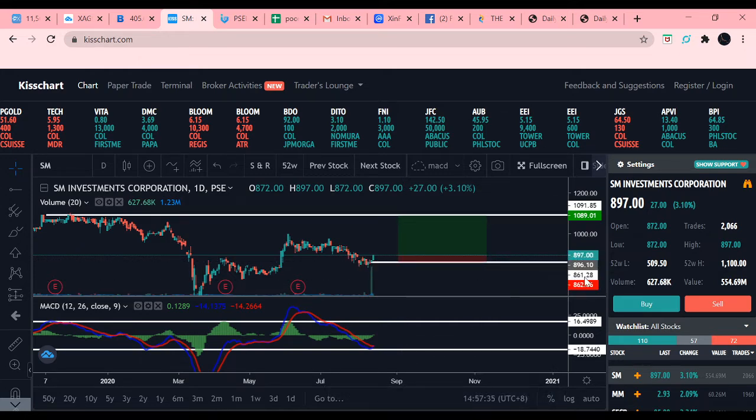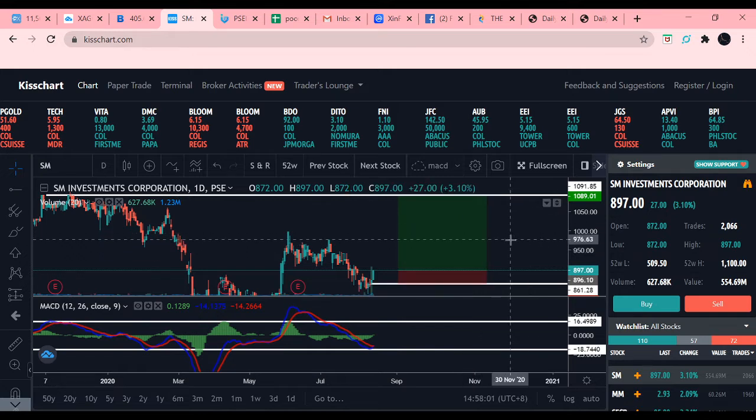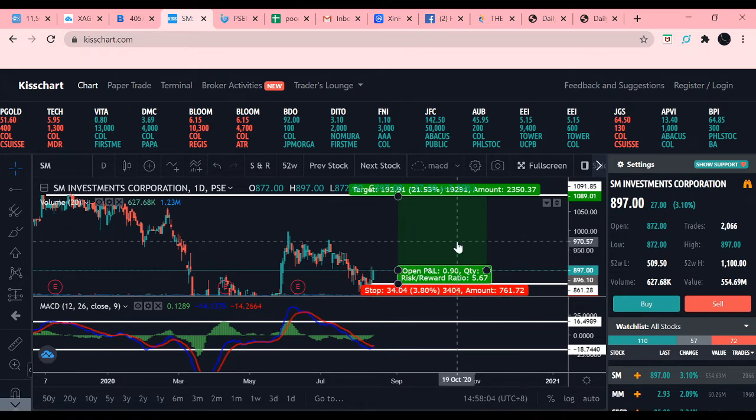So, check ko nga kung attractive yung risk-reward. So, actually, very attractive siya, 5.67. So, yeah, of course, for me, kung papasok ako sa stock market ulit or bibili ako, SM Investment Corporation will be one of the companies na bibilhin ko. So, yan. TP ko around the 1,091 or siguro gawin na natin 1,100.